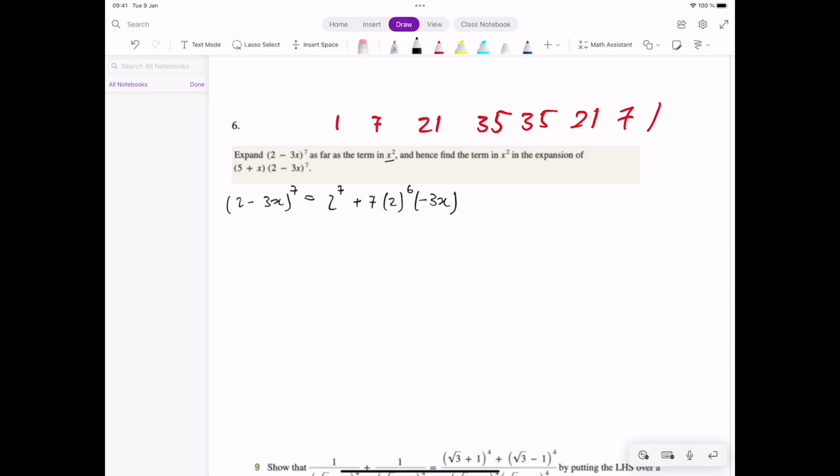And we only have to go up to x squared. Plus 21 times 2 to the power of 5 times minus 3x squared.